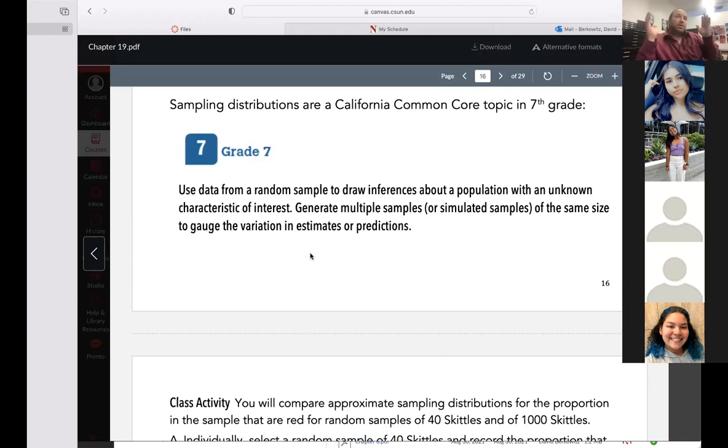So for example, let's just suppose, and I've used this example like 1,000 times, but let's suppose I'm interested in the average height of a CSUN student. There's some 40,000 CSUN students. So perhaps I went ahead and I took a sample of size 100 and I computed the average from my sample.